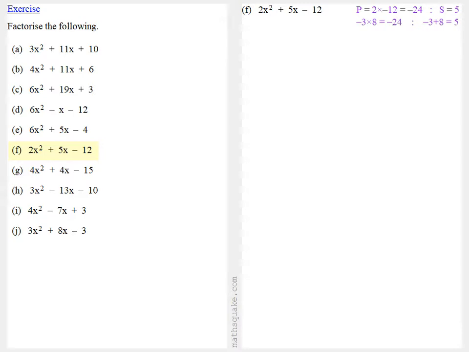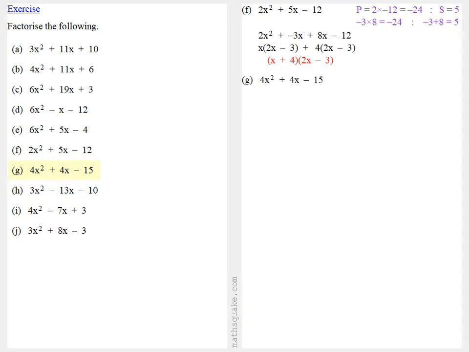Minus 3 plus 8 is 5. So the equation splits up as 2x squared minus 3x plus 8x minus 12. And these factorise as x into 2x minus 3 and 4 into 2x minus 3. So we have x plus 4 into 2x minus 3.